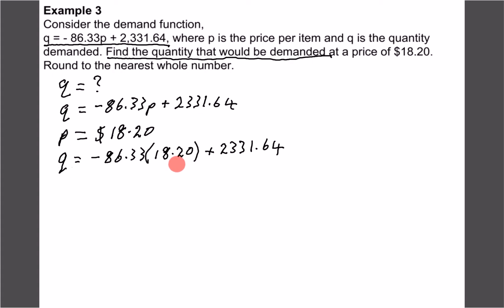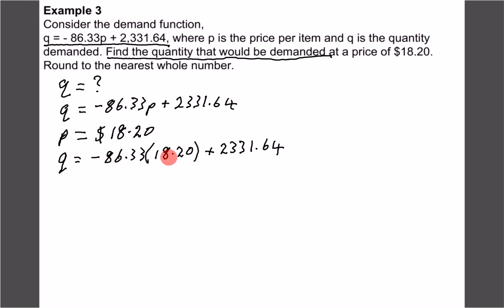We'll put it at the end of the question if we need it. Generally, put your units at the end. So plus 2331.64. Now we are looking for Q, and you realize that Q has been solved for us already. Q is alone on the left hand side, so we are fine.